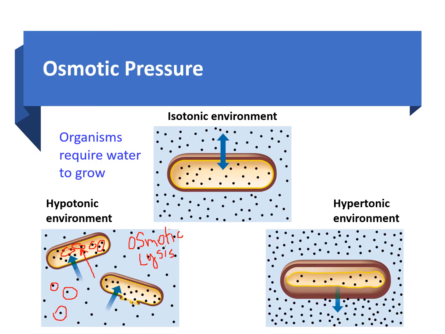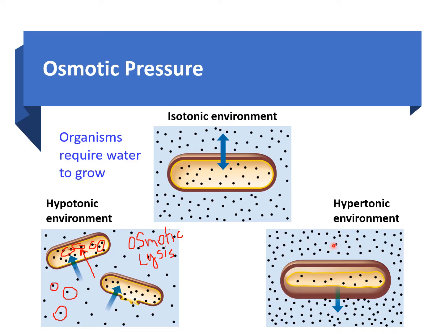Okay, now what if we have a bacteria cell? Basically the scenario is now flipped. Let's say that this bacteria right here is found in an environment where there are lots and lots of solutes. Do you guys see the dots again representing the solutes?